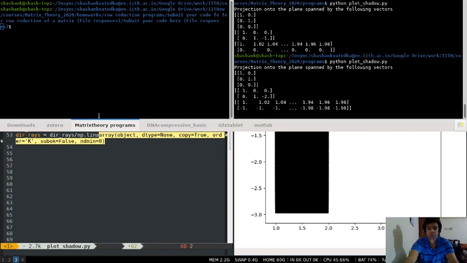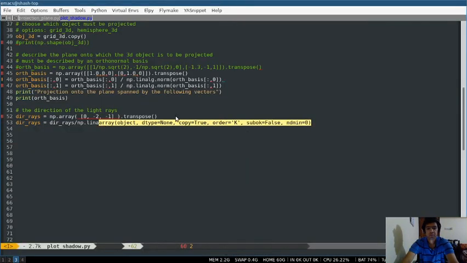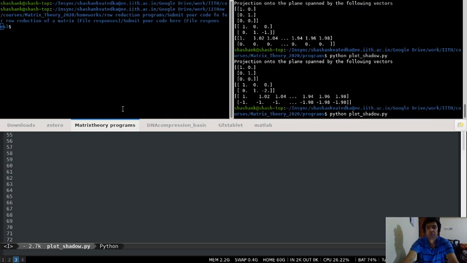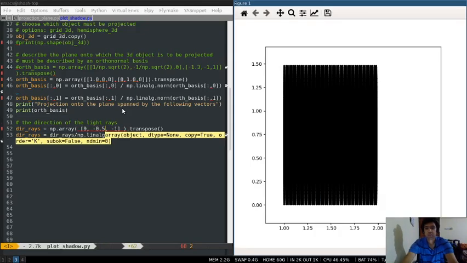And if it's smaller, then I would get a smaller rectangle. All of this is fine.